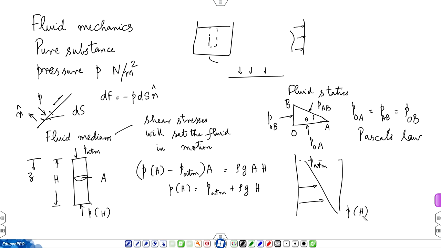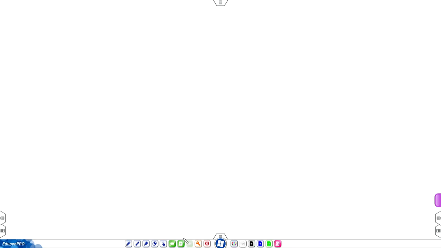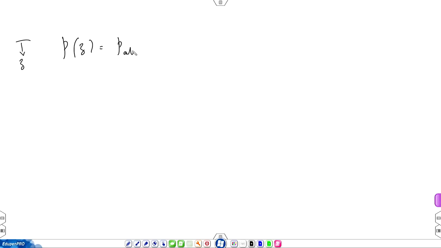Now, you have to reconcile our class discussion with what is given in the book. I think the book uses the z coordinate to be vertically upwards. So if you do that, let us open a new page. If you have z vertically downwards, then P z is equal to P atmospheric plus rho g z.